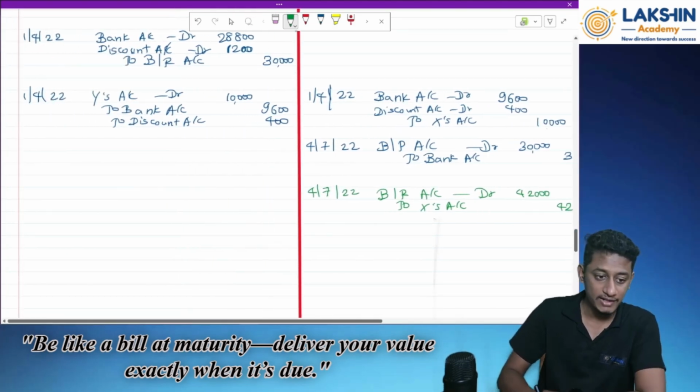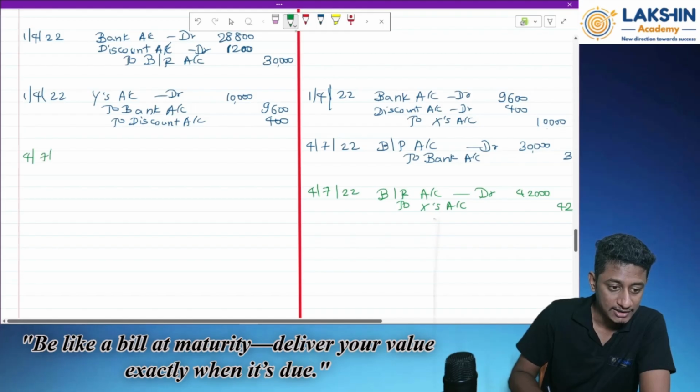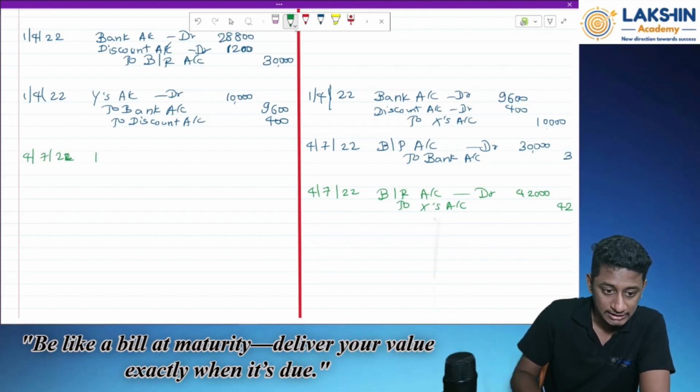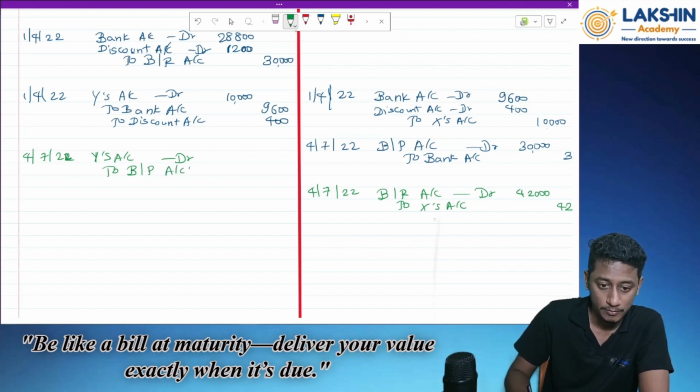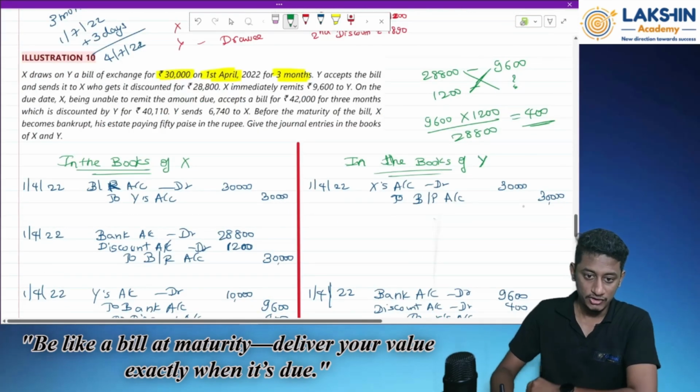And in the same way, in the books of Mr. X, it has been accepted. So Y's account debited. Again, the bill creation entry will pass to bills payable account this time, for rupees 42,000. Yes. So next, what has happened over here?